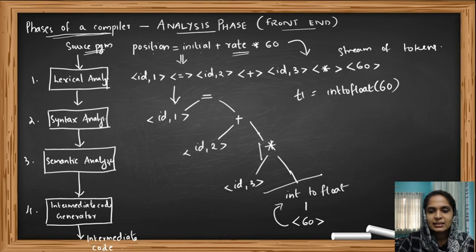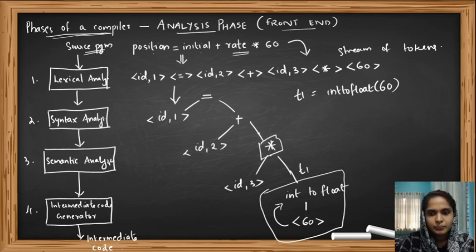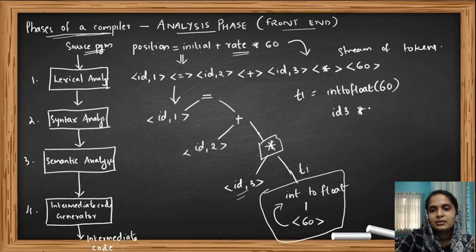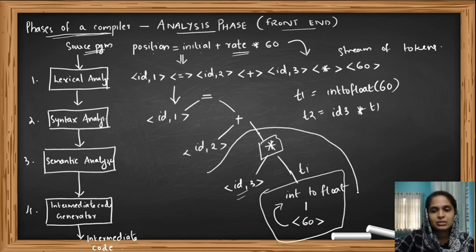Now we can see that this much portion will be stored in the temporary variable t1. Now we have to perform multiplication over variable t1 and id3. So that will be our second step. id3 multiplied with temporary variable t1, and then we store this result into variable t2. Another temporary variable t2 is taken, and this much value we will be storing in the temporary variable t2.